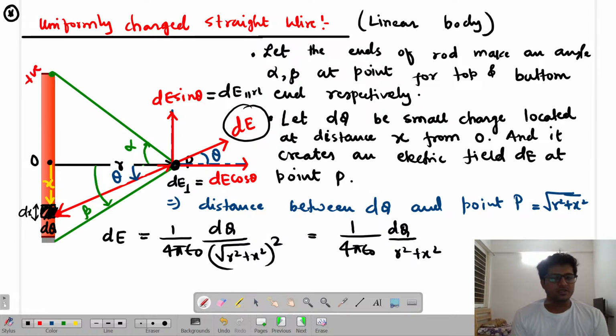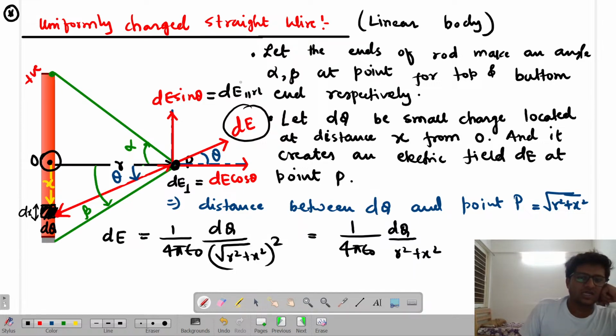So with a rod, remember that whenever there is a rod and this particular origin O is not a perpendicular bisector, then this dE has two components. One is parallel and one is perpendicular. If this is a bisecting point, then dE parallel is exactly equal to how much? 0. Are you able to get me or not?